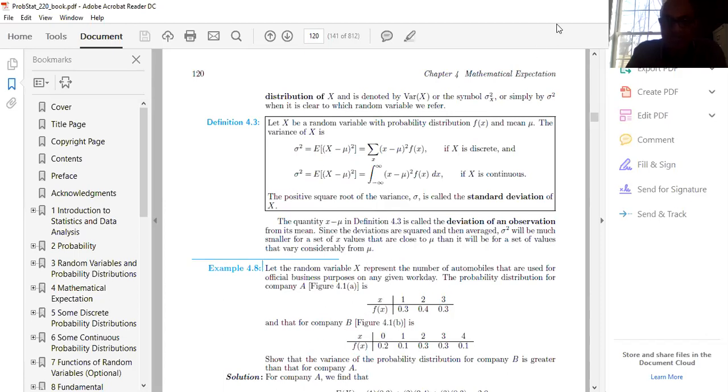Let me stop this sharing and start sharing my screen. The screen says you know the definition of mean, that was nu of X, equal to E of X, and that is equal to the summation of x times f(x) over x.